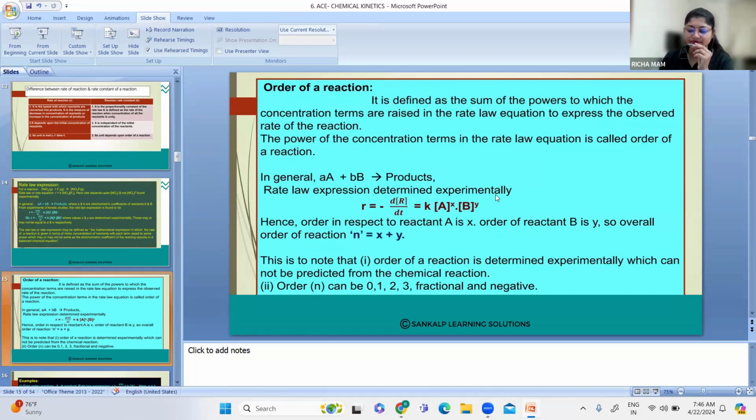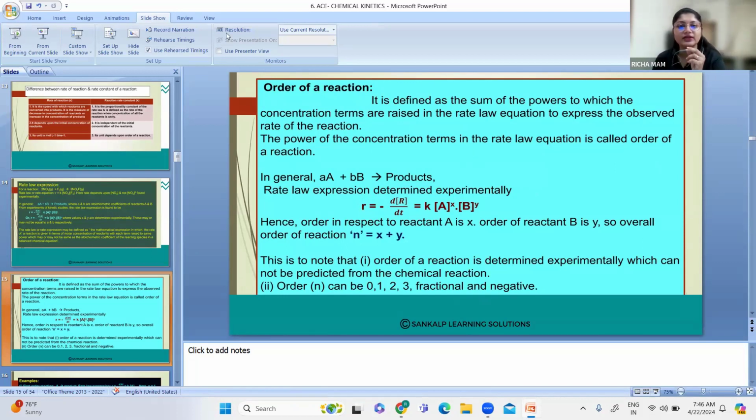So this rate expression is experimentally determined. The power of the concentration terms in the rate law expression is called the order of reaction. These things we have discussed in the previous class. We know that the order of the reaction can only be experimentally determined and it cannot be predicted.